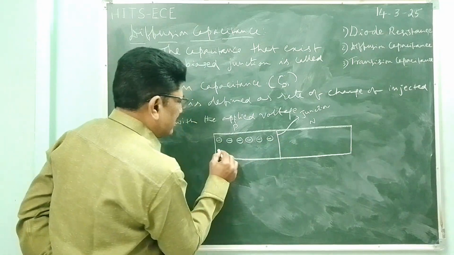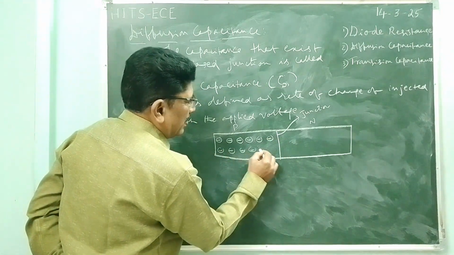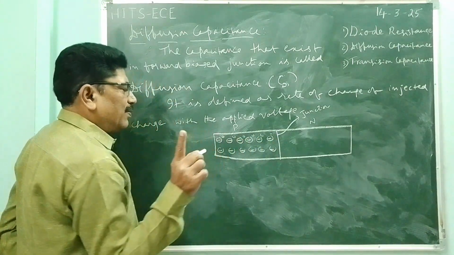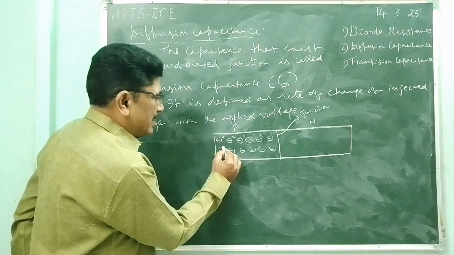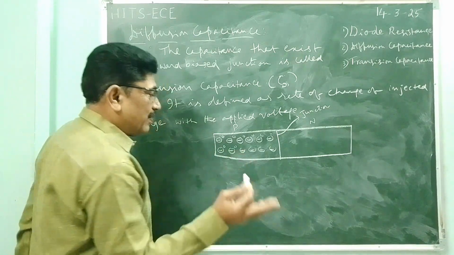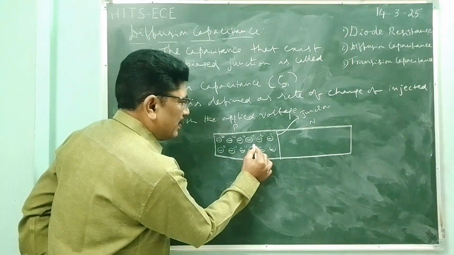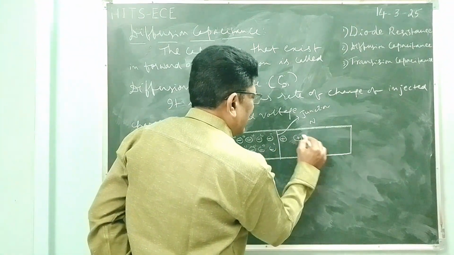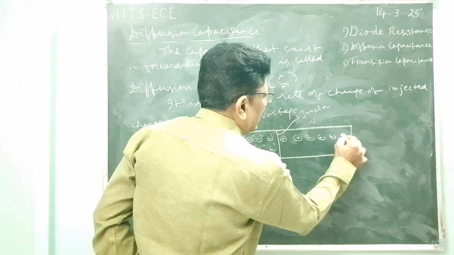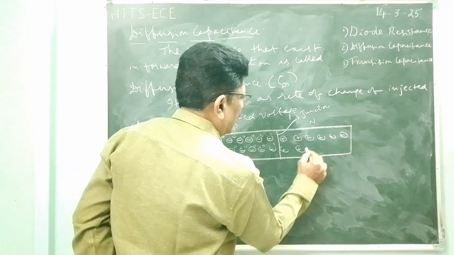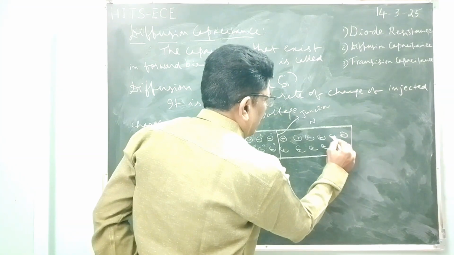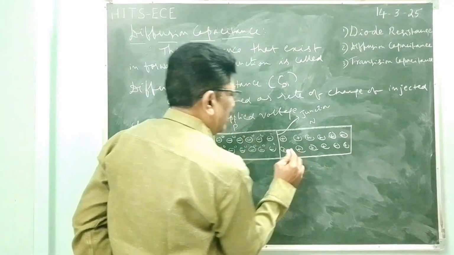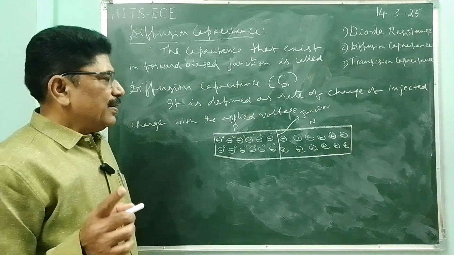Each negative ion will have a companion, a hole. There is a hole here, and each positive charge in N-type will have an electron.